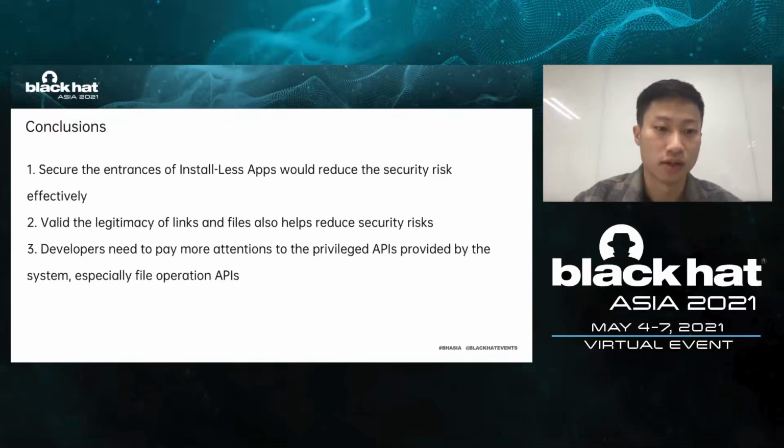And the second, monitoring the legitimacy of links and files also helps reduce security risks. And the last one is that developers need to pay more attention to the private APIs provided by the system, especially file operation APIs.